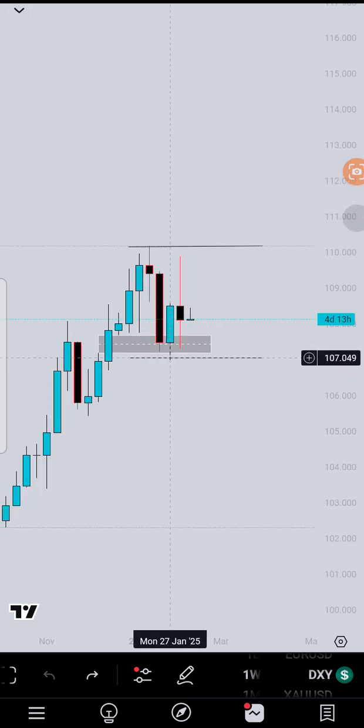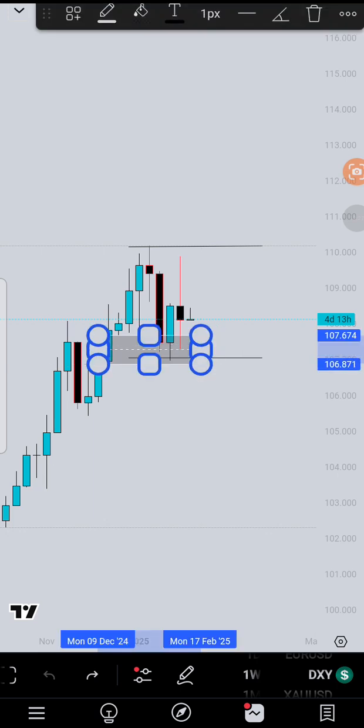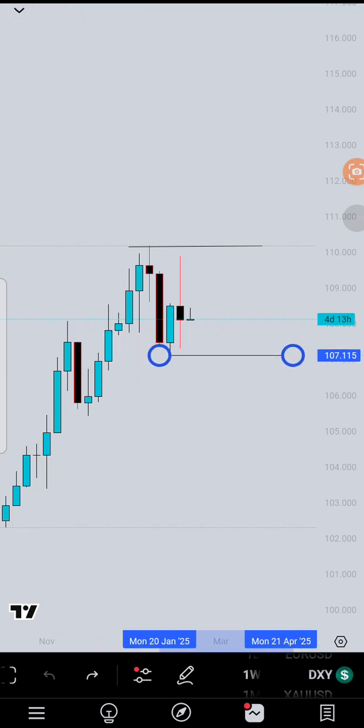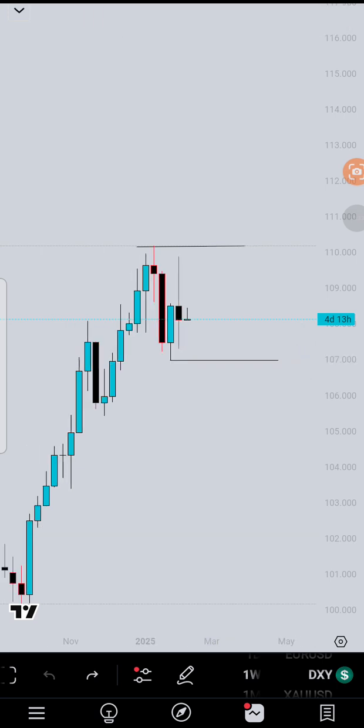When we see something like this, we know that the market has a bullish intention, because if the market was to be bearish, I would want to see the market closing below the fair value gap, the consequent encroachment of that fair value gap. But that's not happening, meaning the market can be bullish.